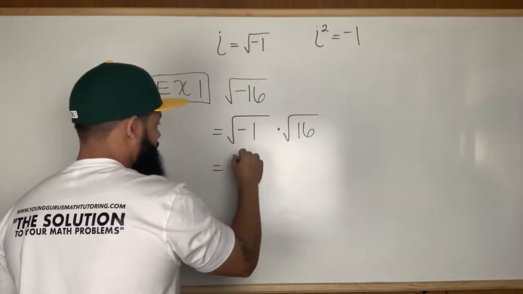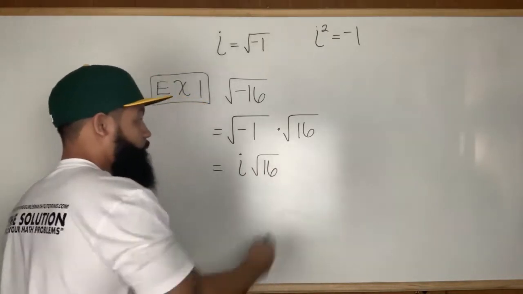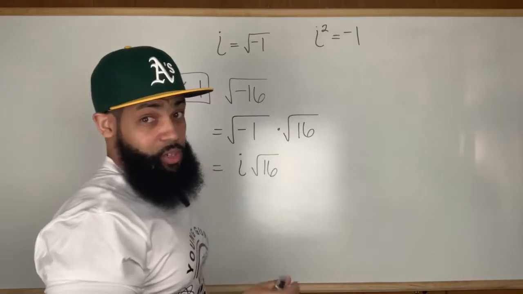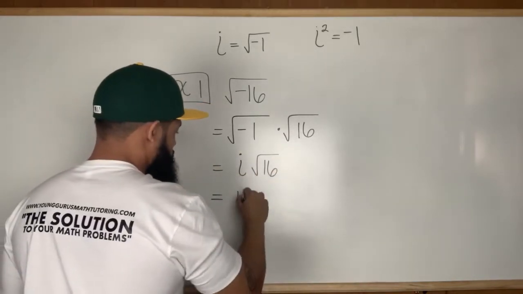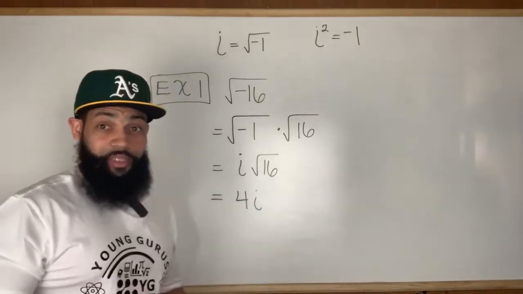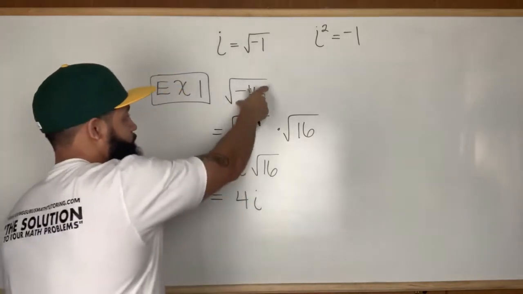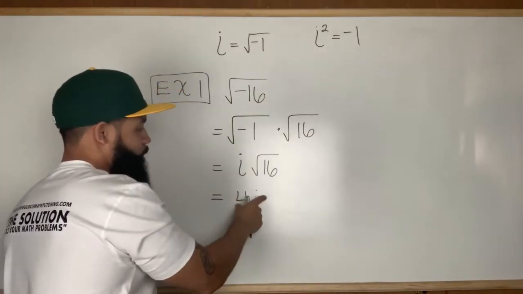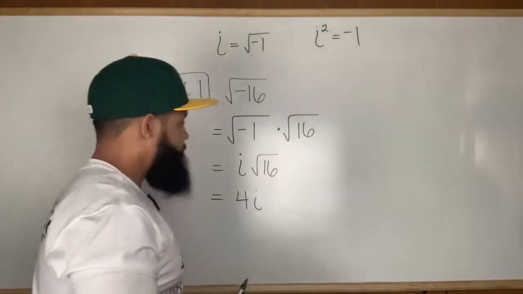So this is actually I and then the square root of 16. Well, square root of 16 is actually 4, right? So then this gives me 4I. Okay, so if I have the square root of -16, since 16 is a perfect square number, I can actually turn that into this 4I based upon my rules of radicals.